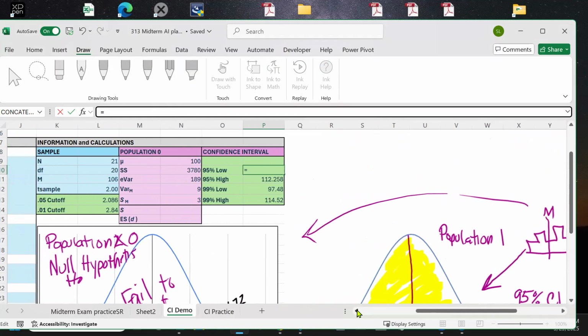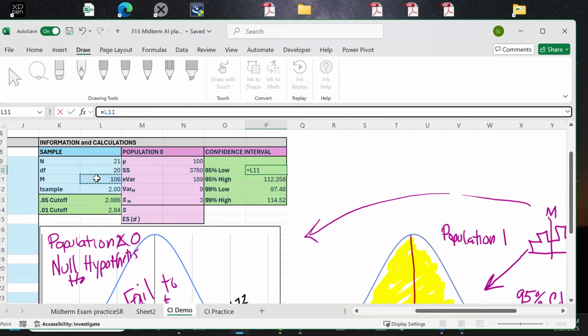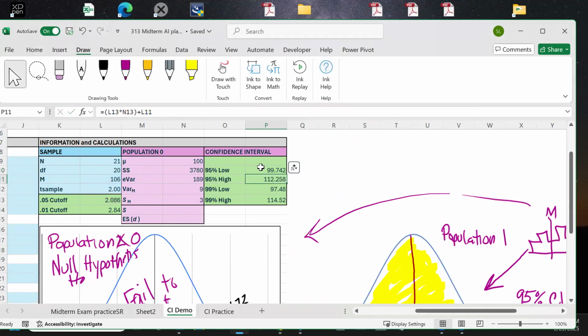Let's do a minus first for the lower interval. And this little calculation, let's find the 0.05 cutoff that we just looked up and multiply it times our spread for this distribution of means, and we get that lower interval.